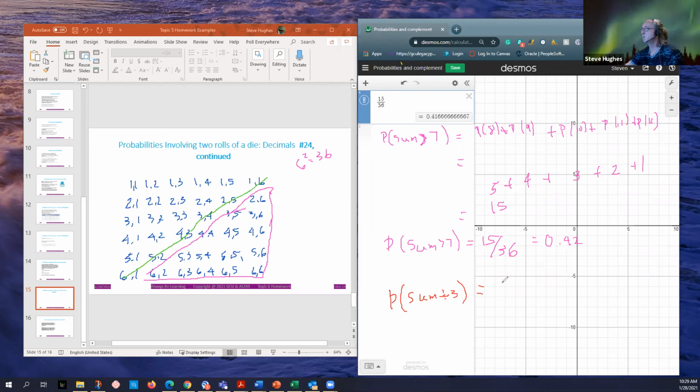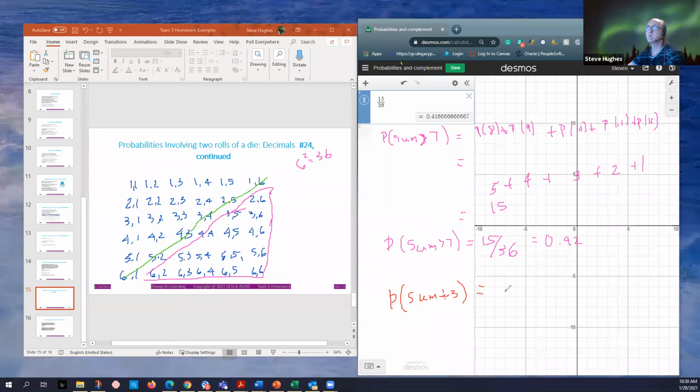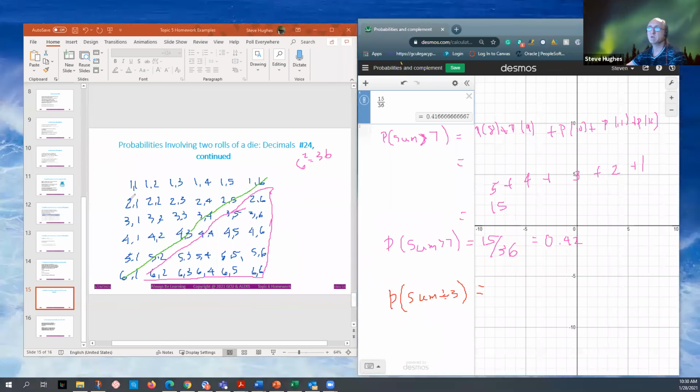All right, divisible by 3. That would have to be what? All right, let's take a look. 3 is divisible by 3, right? Where does it add up to 3? The sum of 3, right here. There are 2 of those. What else? 3, 4, 5, 6, right?